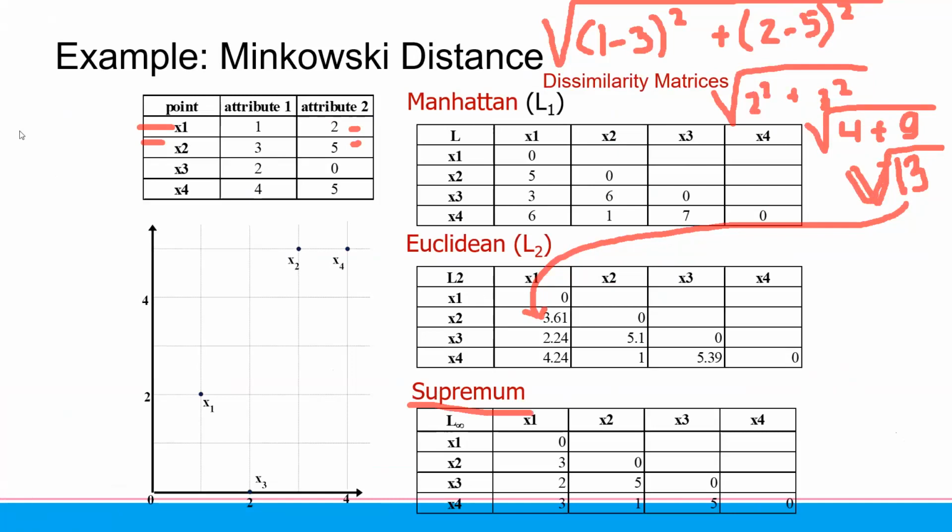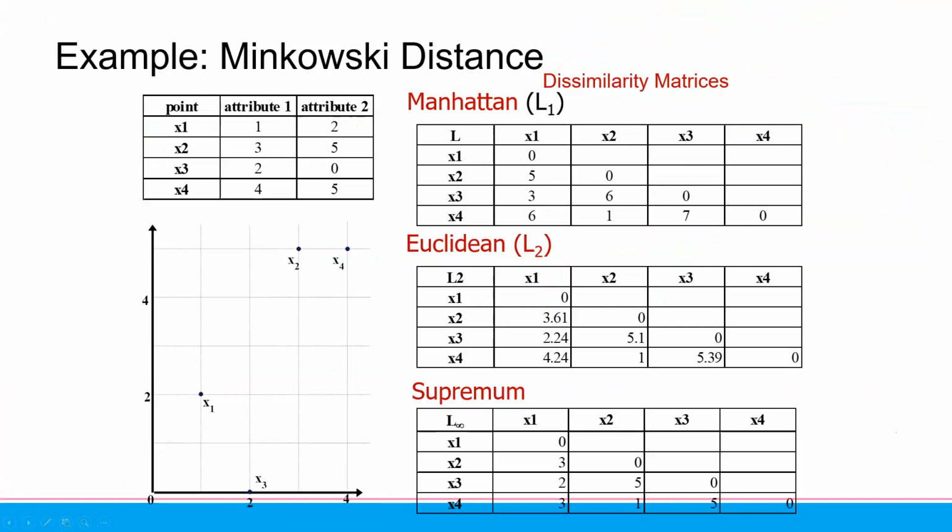What about supremum? The supremum means we want to get the maximum. Let's say I want to check the distance between x1 and x2. So we have 1 minus 3, and then we want to compare with the 2 and 5. 1 minus 3 with absolute, it means we have 2. 2 minus 5 is minus 3.